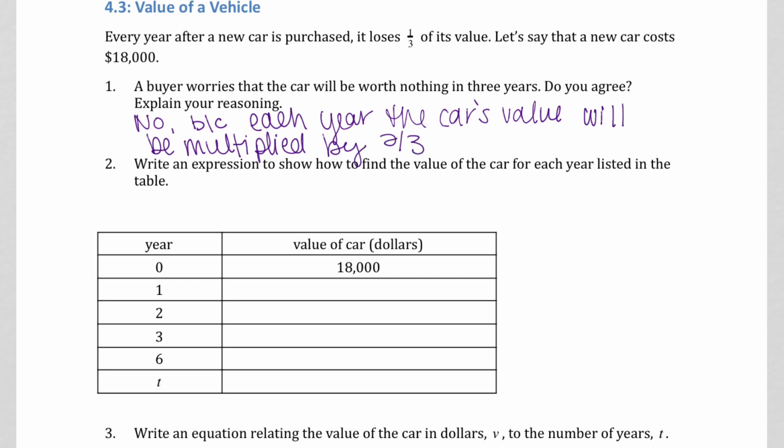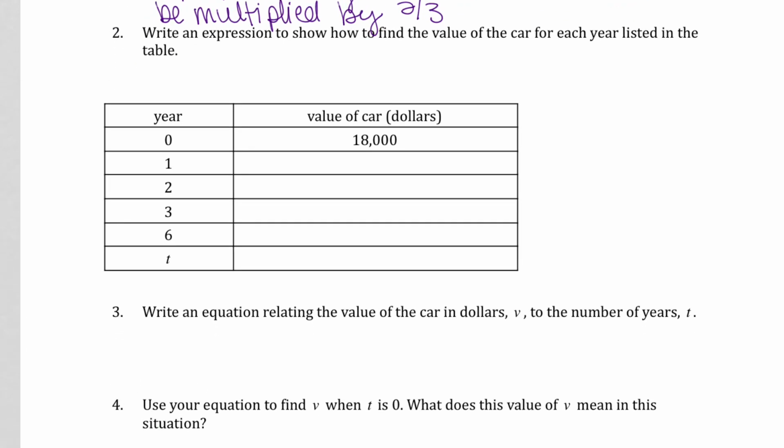So write an expression to show how to find the value of the car each year listed in the table. So if the car is $18,000 at the purchase time, what am I going to multiply to get the value of the car at year 1? What am I going to do here?